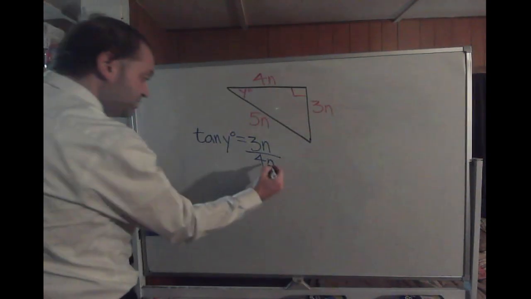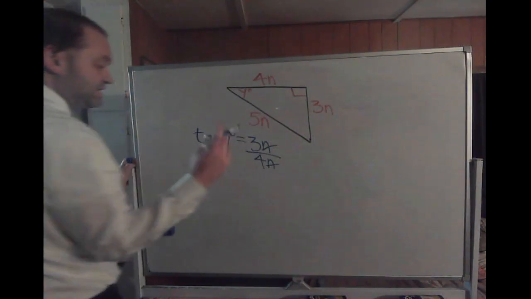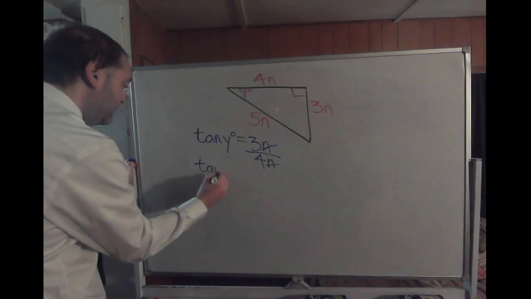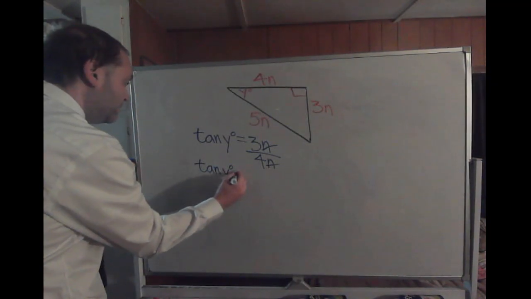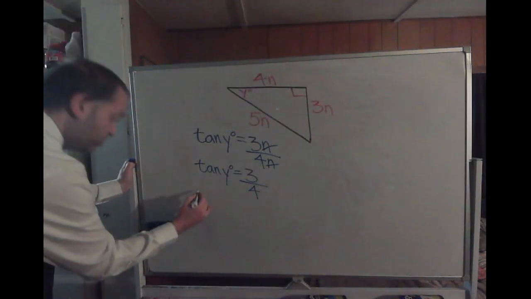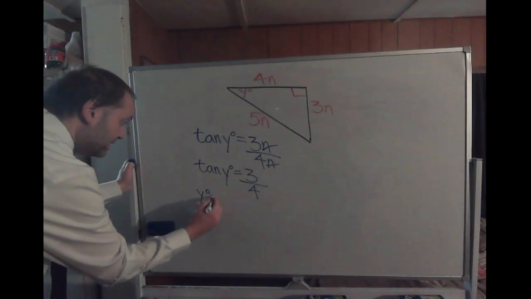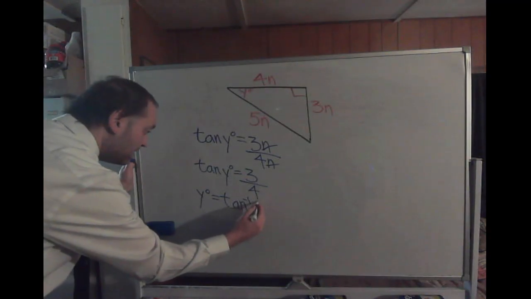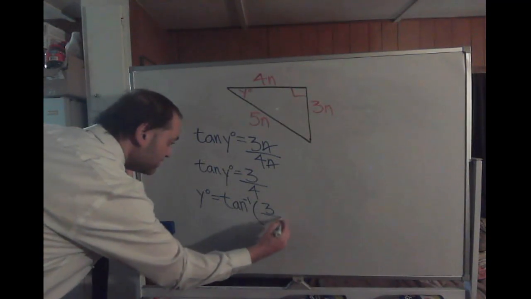Again, we know the n's will cancel out since they're any positive non-zero number. So the tangent of y really equals 3/4, which means y degrees is equal to the tangent inverse of 3/4.